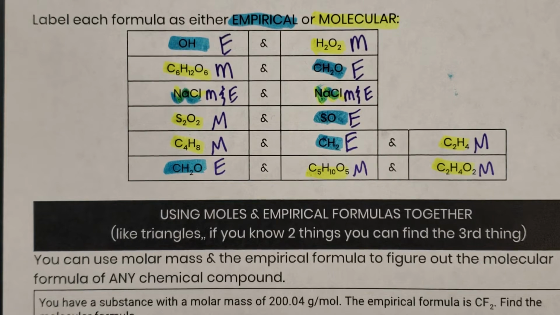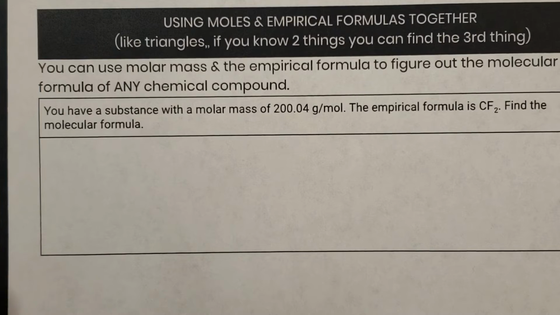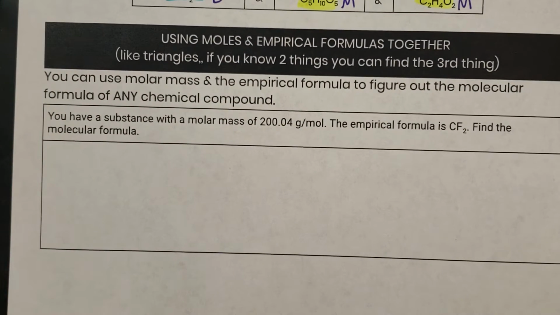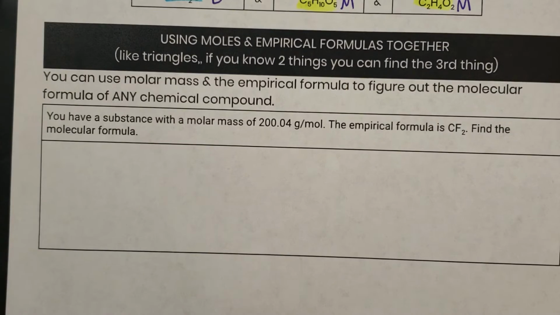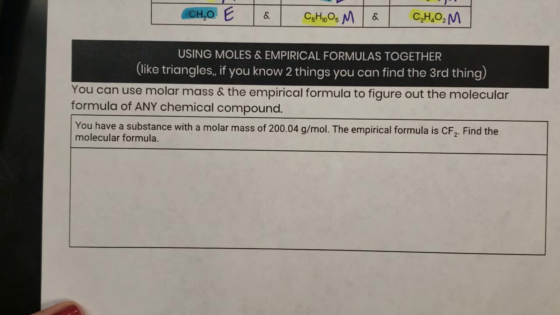So the last bit of notes that we're going to take are about how to use your understanding of moles. That was from a previous class, which you should have notes on if you forget. And then use that understanding to do some really simple math to find the molecular formula of something.